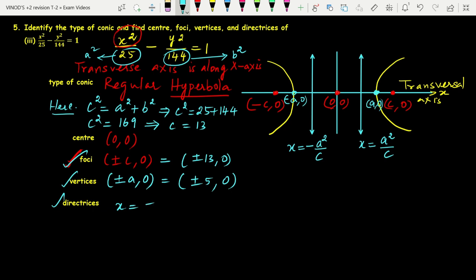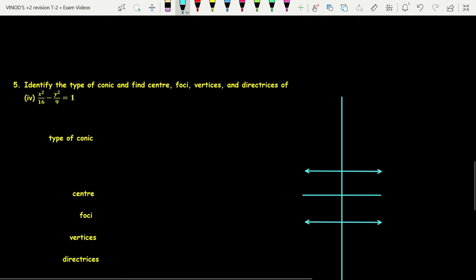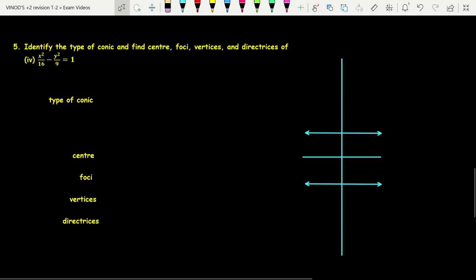Left side directrix, x is equal to minus A square by C. So directrices are x is equal to plus or minus A square by C. Substituting A square value as 25 and C value as 13, directrices x is equal to plus or minus 25 by 13.